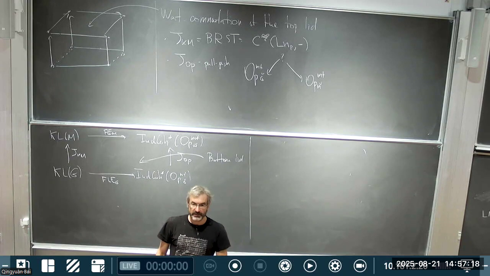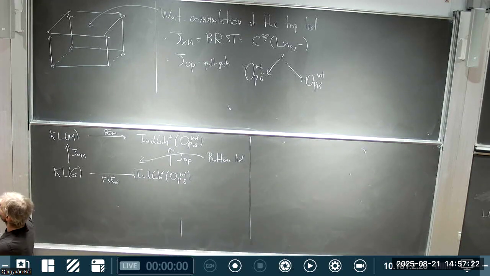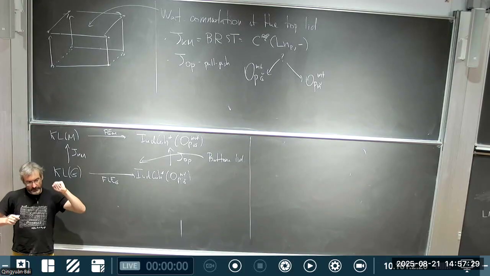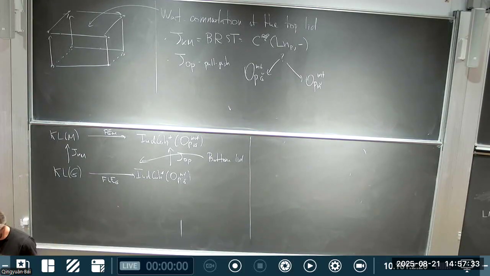Unfortunately, I need another 10 minutes to summarize things. So we've completed the mission, so to say: we've proved that our Langlands functor commutes with constant terms and Eisenstein series. So we are in great shape.